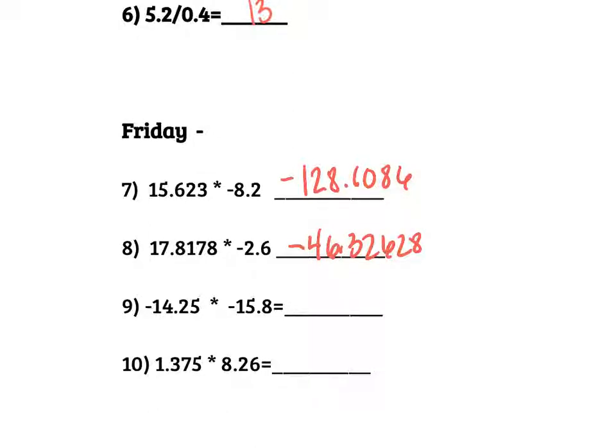Then 14.25 times 15.8. It's a negative times a negative, which is a positive. So it's 225.15. And then 1.375 times 8.26 is 11.3575.